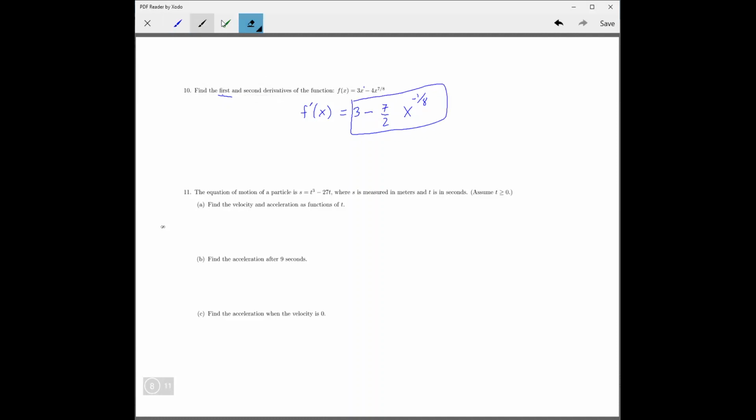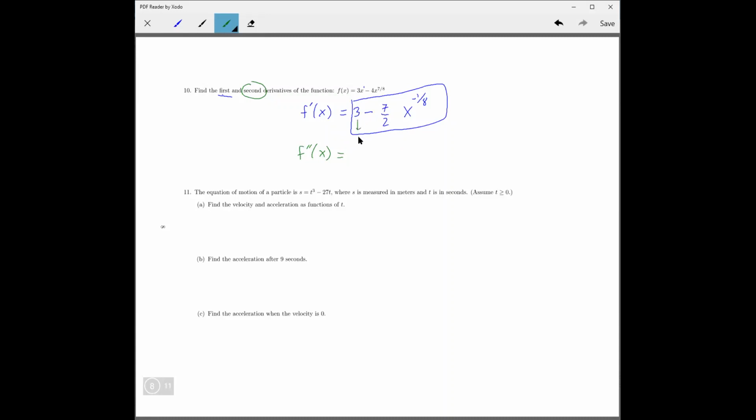Now for the second derivative, that's just taking the derivative of the first derivative. So you take the derivative of this. That first part's going to be 0, so we won't write it.